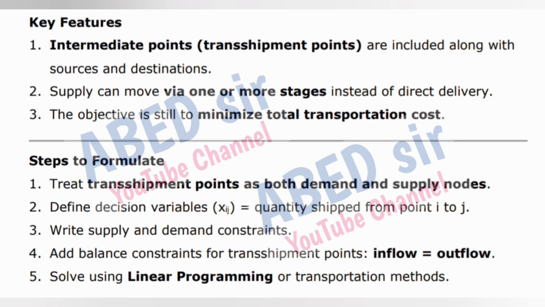Treat transshipment points as both demand and supply nodes. 2. Define decision variables, x_ij = quantity shipped from point i to j. 3. Write supply and demand constraints. 4. Add balance constraints for transshipment points: inflow equals outflow. 5. Solve using linear programming or transportation methods.